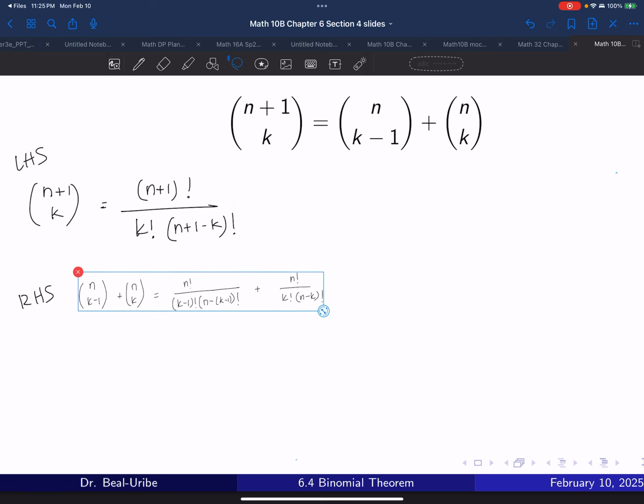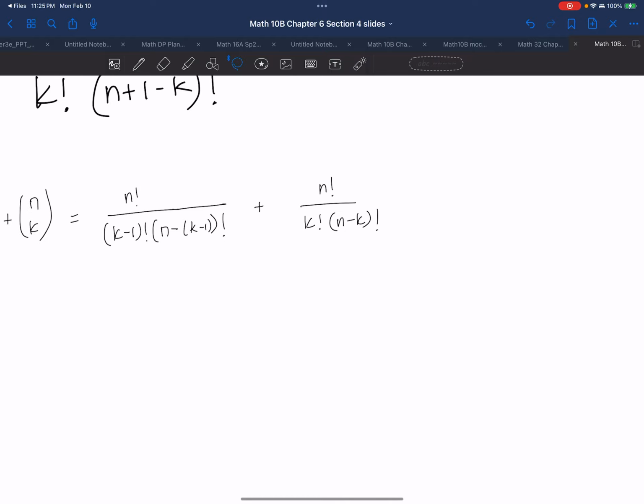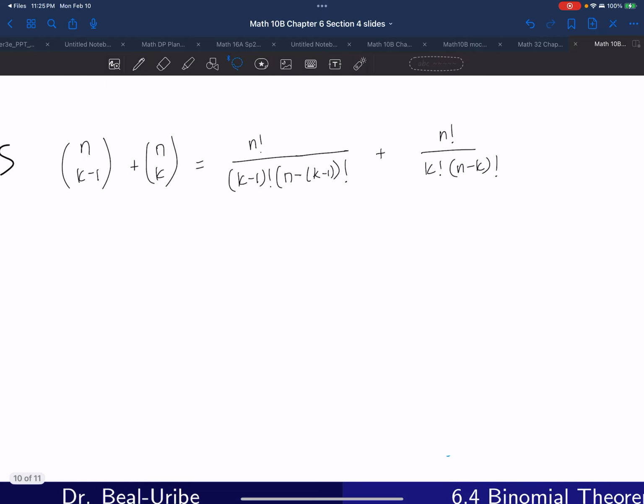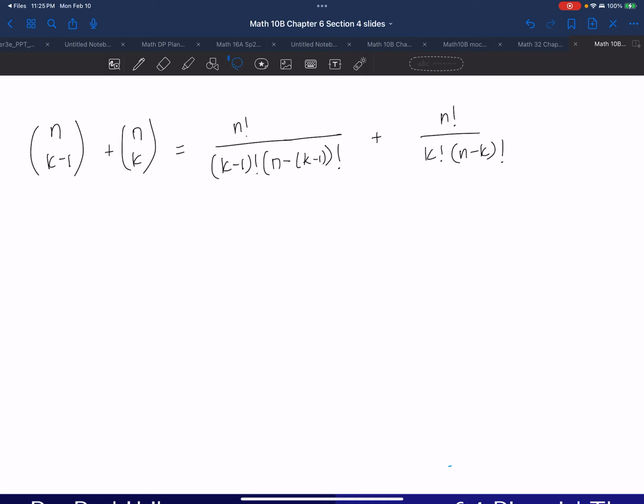And now I'm going to give myself a lot of space here to write. I'm going to get a common denominator. I've got a k minus 1 factorial and a k factorial. So if I multiply the numerator and the denominator by k, I can change this k minus 1 factorial into k factorial.